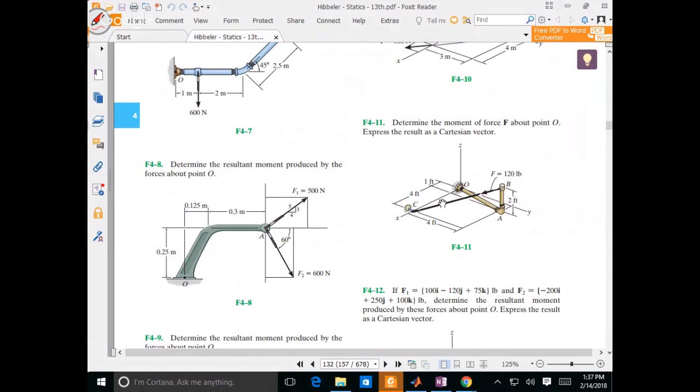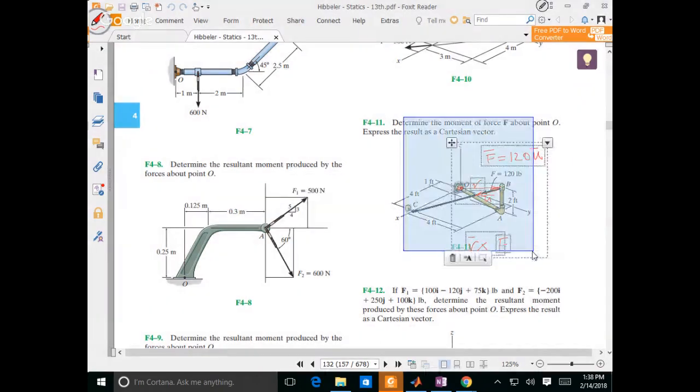Find the base vector going from B to C, multiply times 120, then draw the vector from O to B. So you're going to find your U there and multiply 120 times your U. That'll be your force. And then multiply R crossed with that force. And that's going to be your moment about O. So you can't escape that stuff in chapter 2.